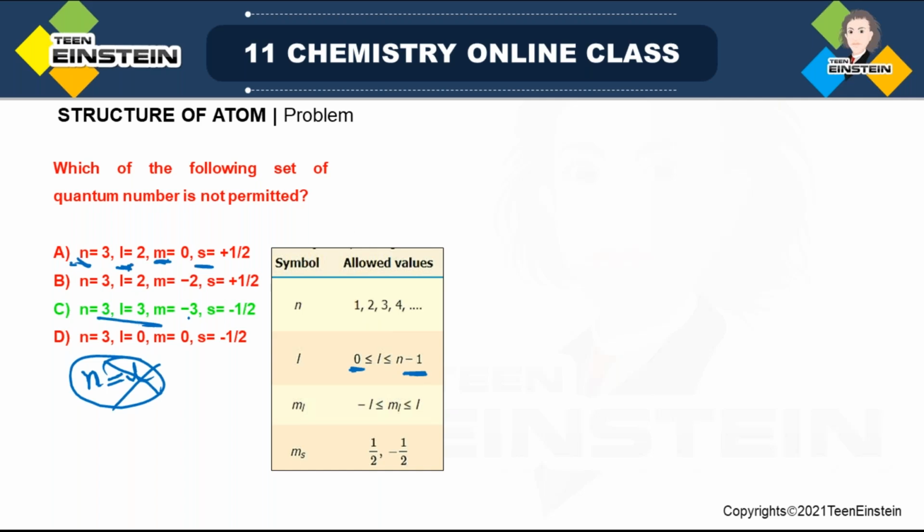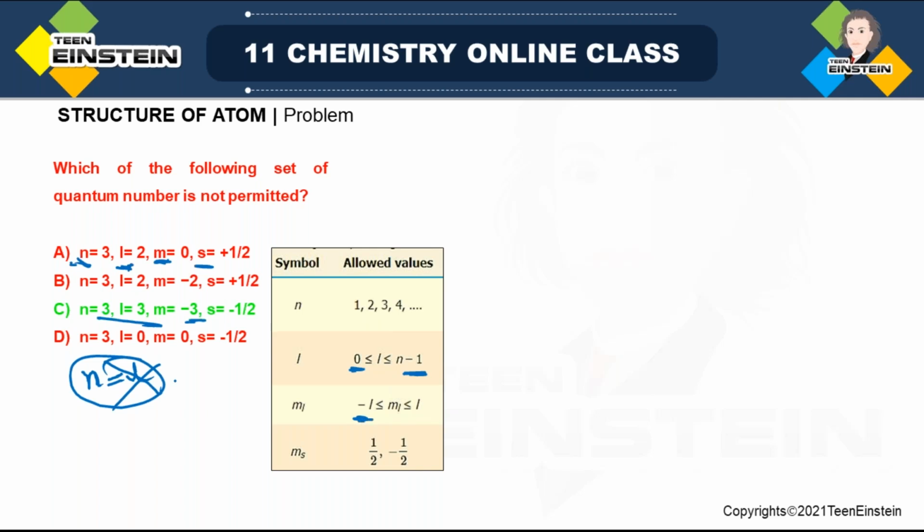And other values are possible, that is -3, -half, because when L is 3, obviously m values can be -3, -2, 0, all these are possible. So that is fine, because ml value starts from -L. So if L is 3, it can start from -3.